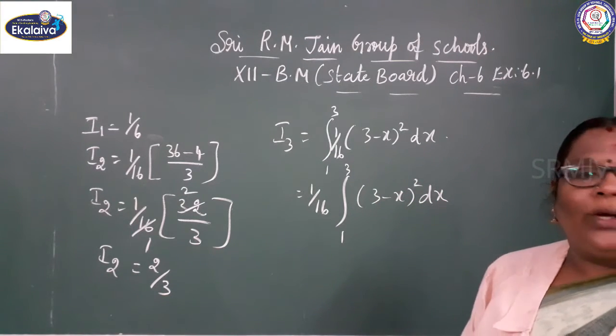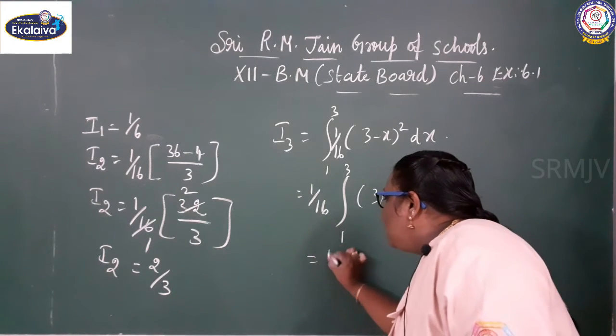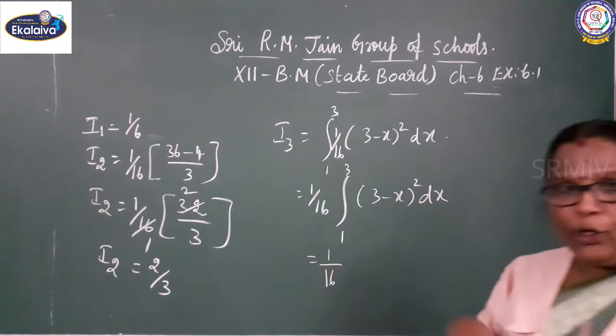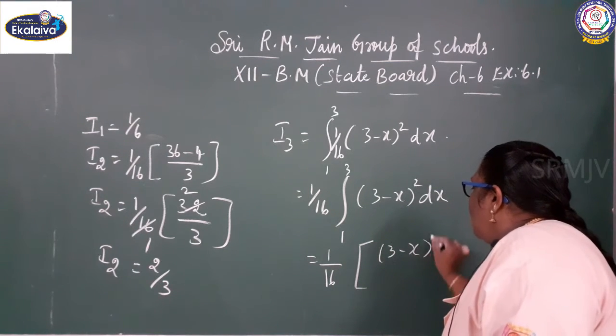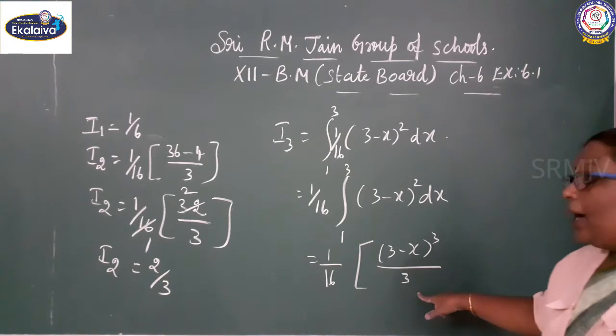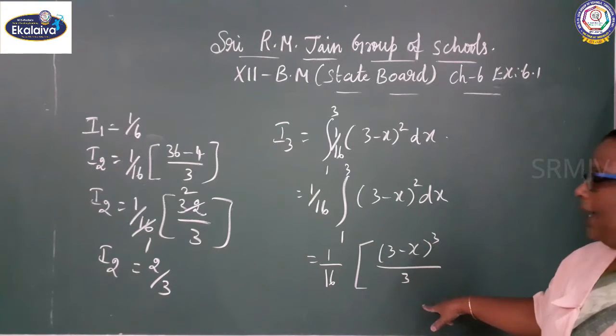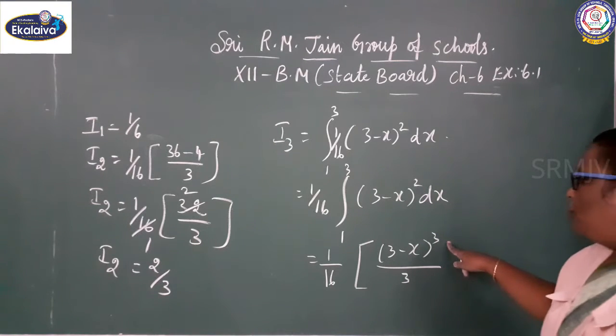x degree is 1, so we can apply the integral x power n formula, but the x coefficient you can write in the denominator. So 3 minus x whole cube by 3, that is, n plus 1 by n plus 1, 2 plus 1 by 2 plus 1.